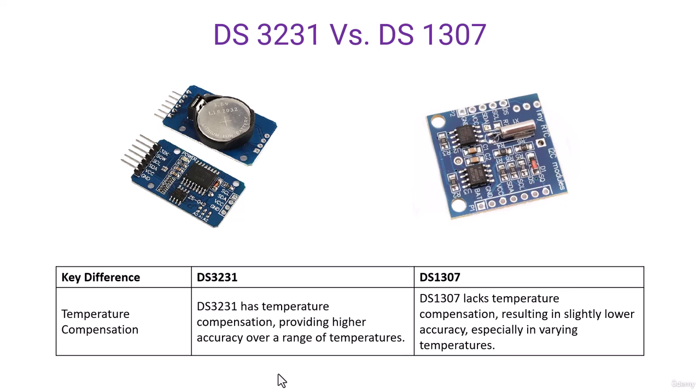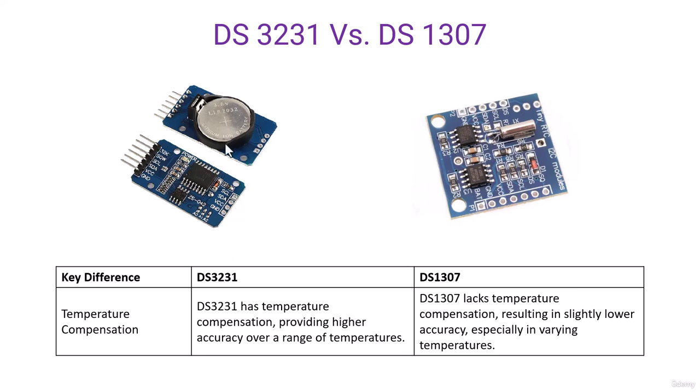Other than this, there are also many other models available in the market. I have picked up these ones. The first one is the DS1307 model, this module, and the second one is the DS3231 model. This is the module. Both of them provide similar functionality. If you want to differentiate them, the key difference is temperature compensation.